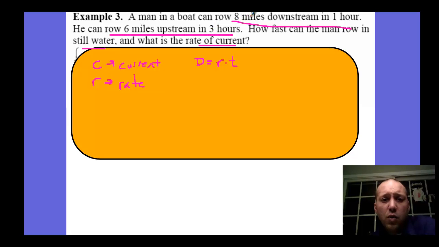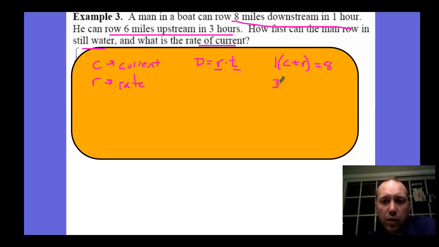We do not know the rate, but we know the time is 1 hour. If he is going with the current, it's 1 times the current plus the actual rate he's rowing, so 1 times the rate equals 8 miles, his distance.